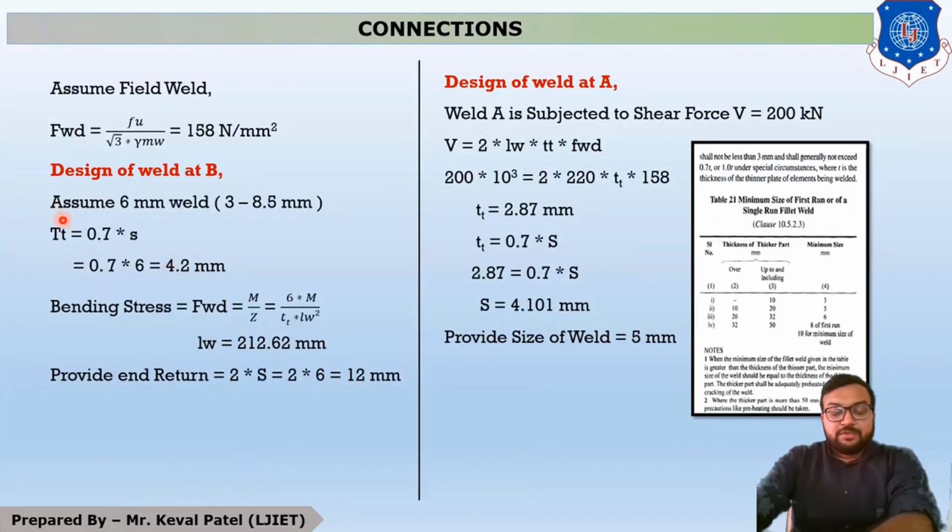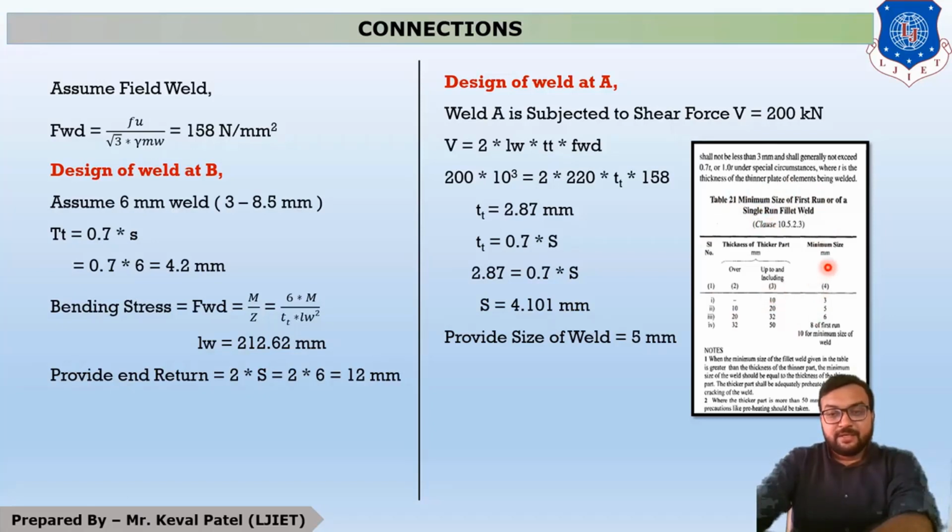Okay, so whenever you have to design for welding, first you have to assume the size of welding. The minimum size of welding is given in table number 21.